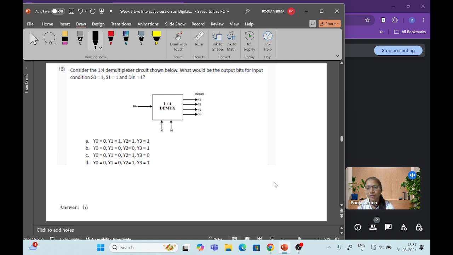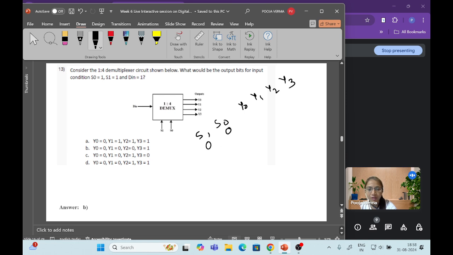Okay. So moving to the next, I think all of you already know the truth table for DMUX. The input is given, right? So for a particular selection line, whatever the input is, that will be reflected to the corresponding output. The selection lines S1 and S0, and outputs Y0, Y1, Y2, Y3.